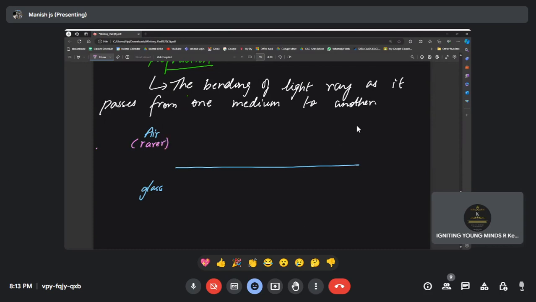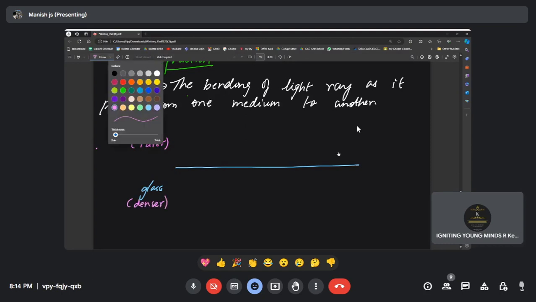When I say rarer, that means with respect to light, the medium allows light to pass much more easily than glass. No doubt light passes through glass also, but the speed is getting affected. So in comparison to air, glass would become denser. So we call glass the denser medium and air the rarer medium. These are the terms that we would typically use.